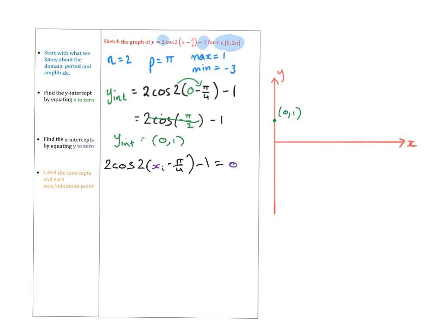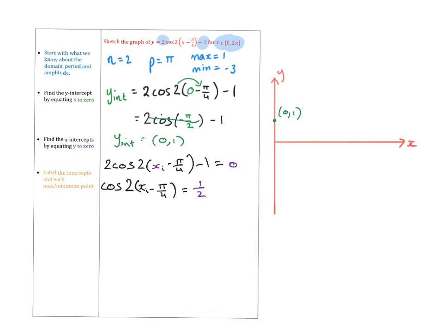So really I'm after, where does cos of 2 x-intercept minus pi on 4 equal 1/2. So again, I'm going to consult my table of exact values, and I know that the inverse cosine of 1/2 is pi on 3. It's our base angle.